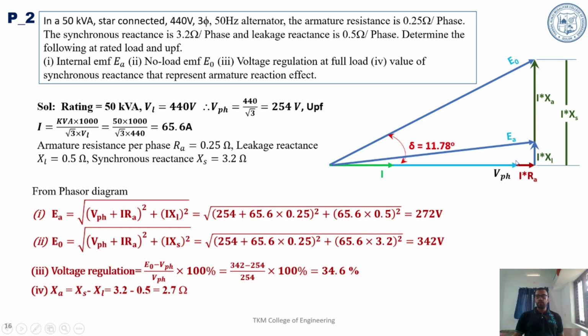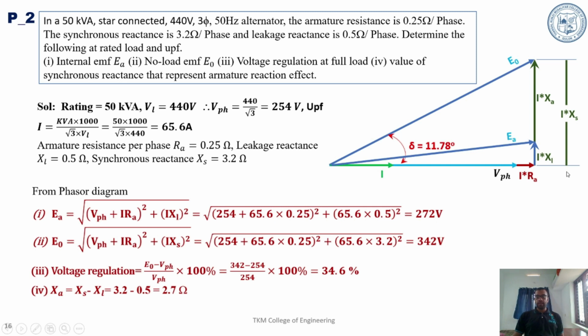So considering this voltage phasor and MMF phasor, the final phasor is E0. Please note, this voltage phasor plus I into RA phasor plus I into XL phasor, that resultant gives internal induced EMF EA. If you consider the voltage phasor with all the voltage drops and MMF, that gives no load induced EMF E0.